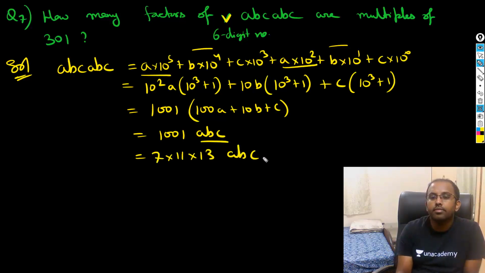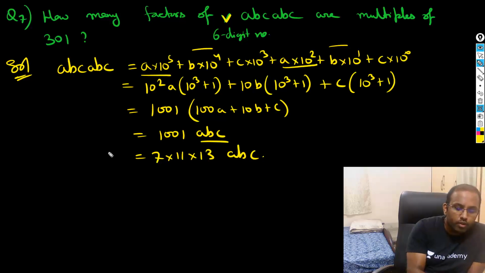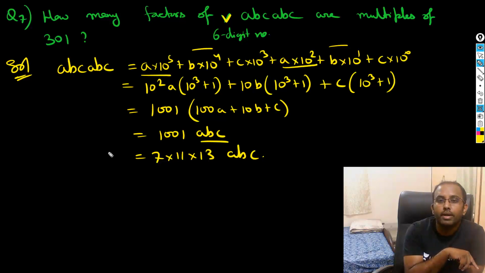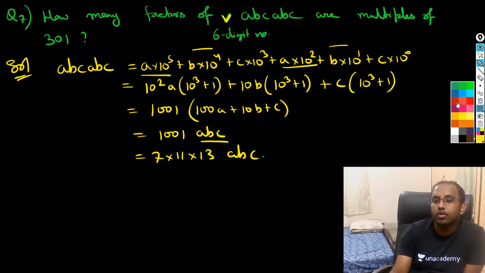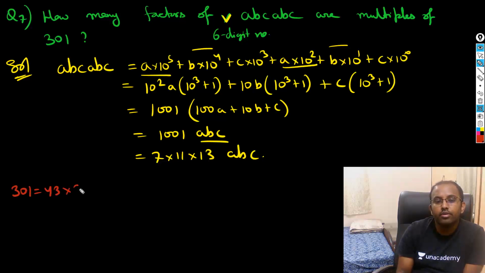So once we write these questions in this form, like 1001 into ABC, what does it signify? This kind of question signifies that I'm looking for a multiple of 301. Now what is 301? Basically 301 is a multiple of 43, that is 43 into 7.